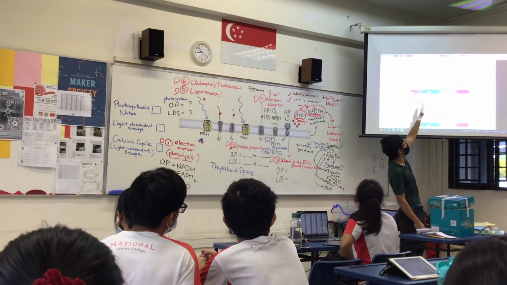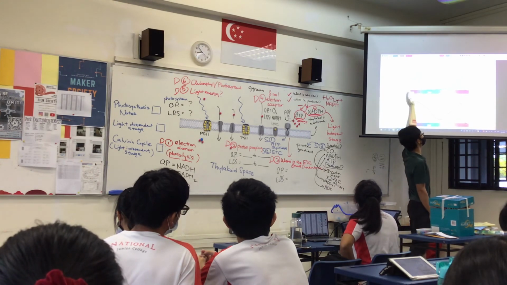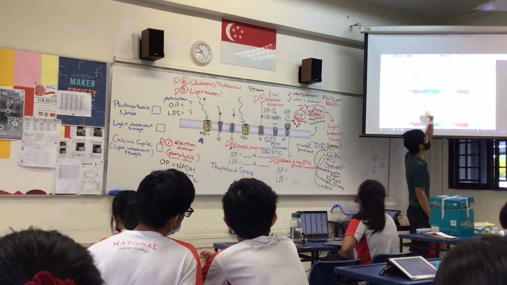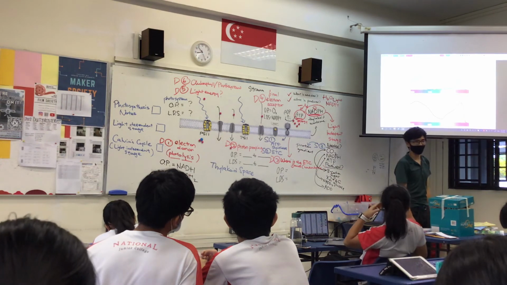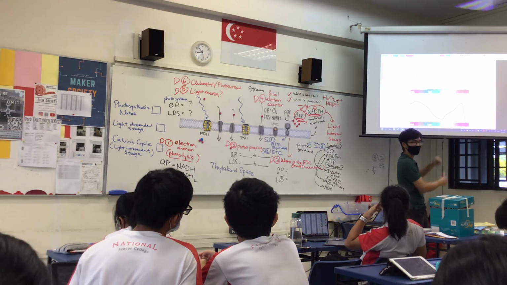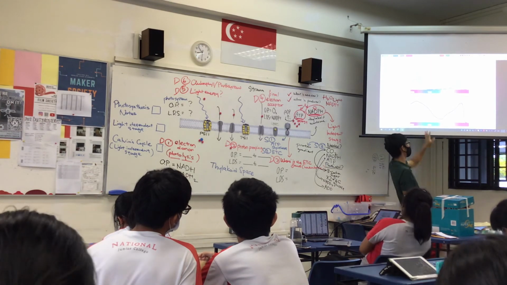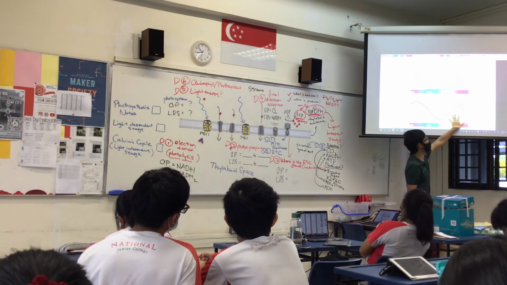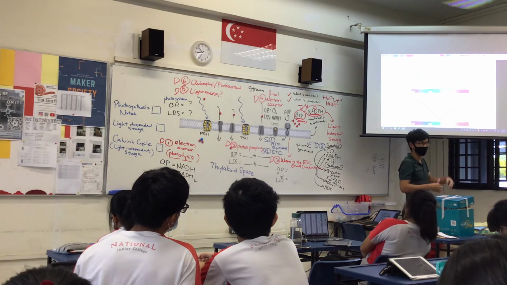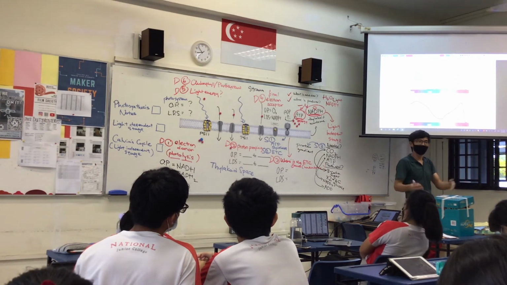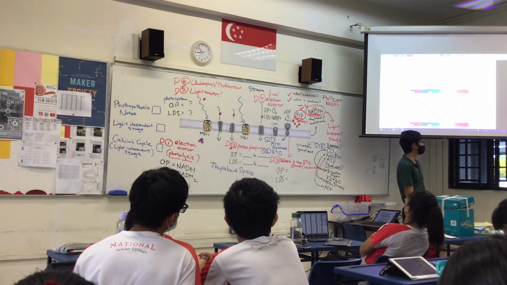Whether it's A, B, or carotenoids, the absorption tends to be between 400 to 500, 600 to 700. And it corresponds to the rate of photosynthesis. We find that if we supply plants with light from this range and this range, the rate of photosynthesis becomes higher. Right? So that's what these two graphs mean.